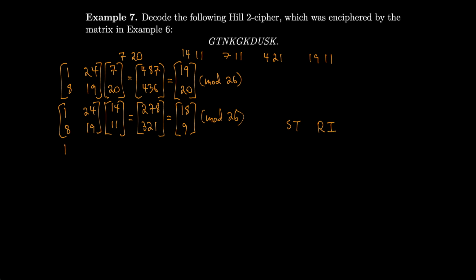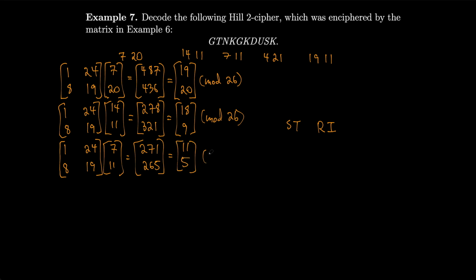Let's keep going. [1, 24; 8, 19] times 7, 11 gives 271, 265. So that's 11, 5 mod 26, and that's KE.